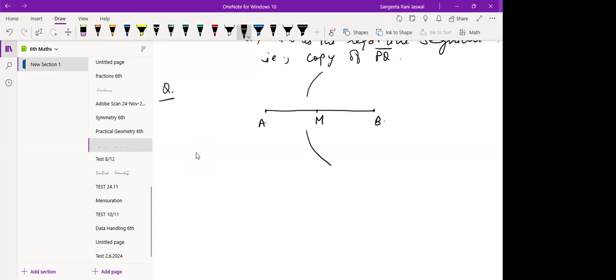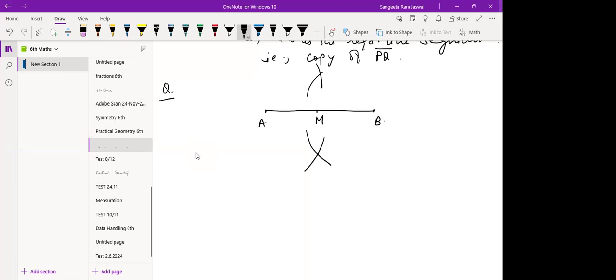Mark one arc below the line. Done? Now you made arcs keeping the center as B. Now, with the same compass measurement, don't move the compass measurement.